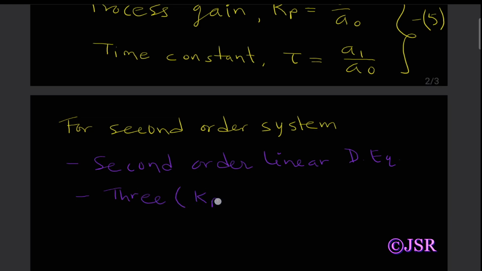One will be Kp process gain, second will be time constant, and third will be zeta. So we will have three system parameters.